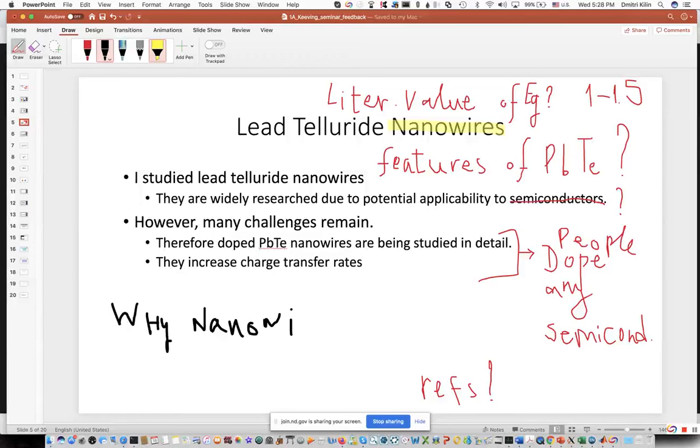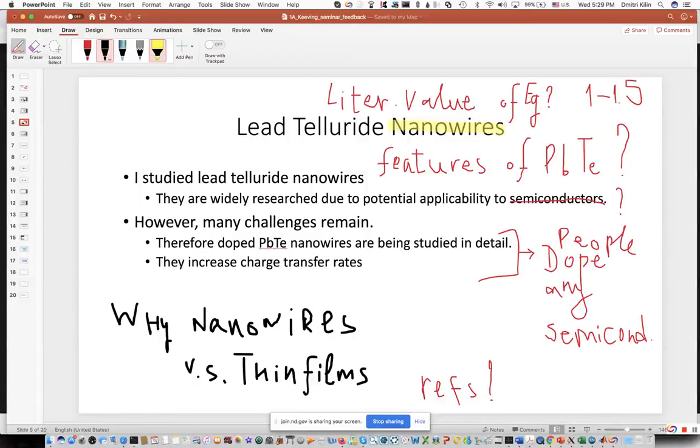I have a question. Sure. Why nanowires instead of thin films? Why nanowires instead of thin films? Yes. I'm going to take an educated guess at this.